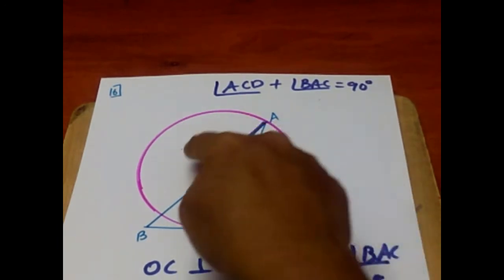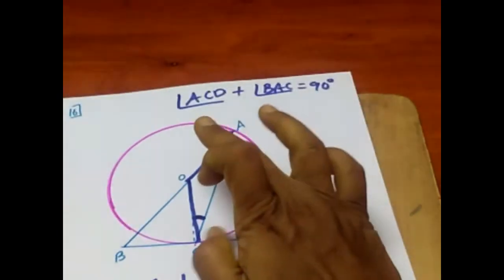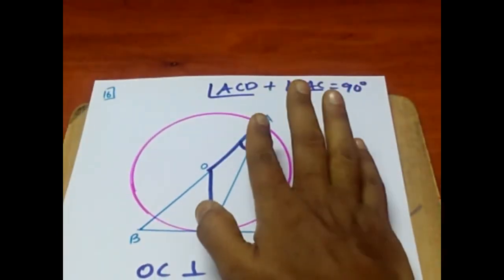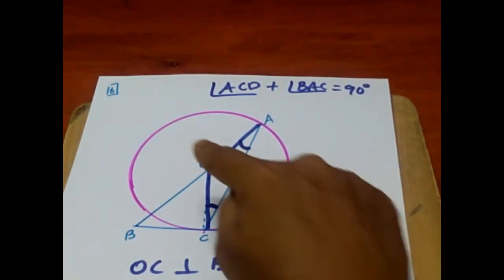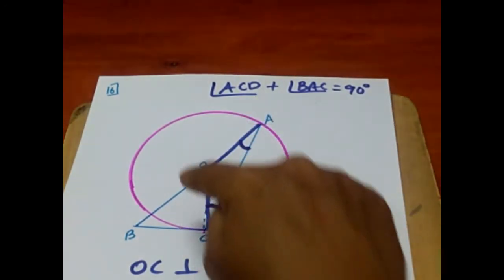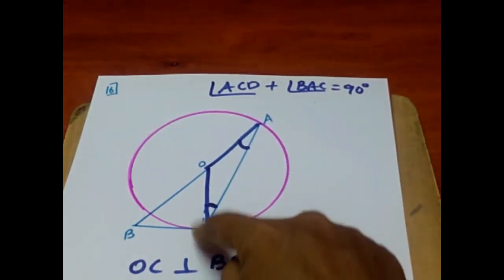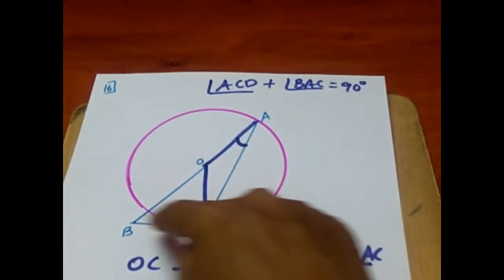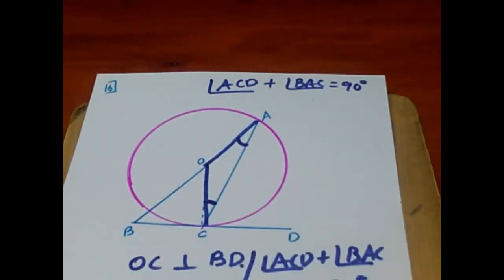Point number 2, angle OCD is written as the sum of two angles: one is angle OCA, another one is angle ACD. Point number 3, OA is equal to OC, hence angle OCA is equal to angle OAC. OAC is nothing but angle BAC. By this we have got the result: angle ACD plus angle BAC is equal to 90 degrees.